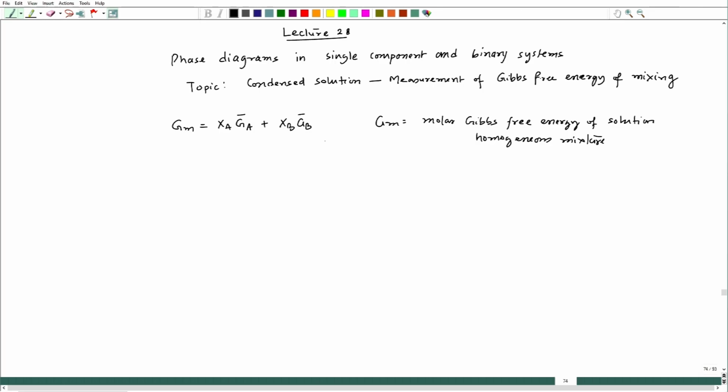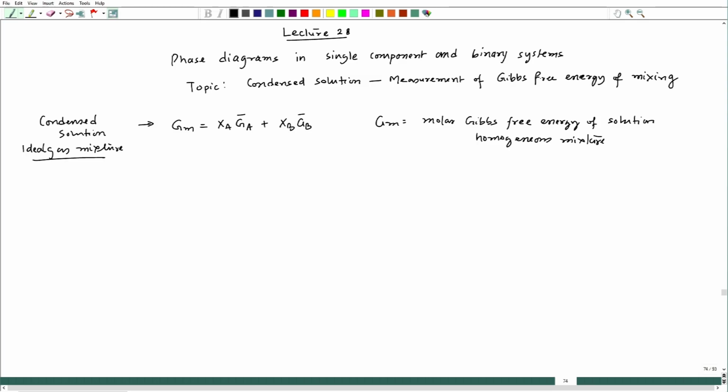This particular formula can be applicable for condensed homogeneous solution, or in fact the ideal gas mixture.